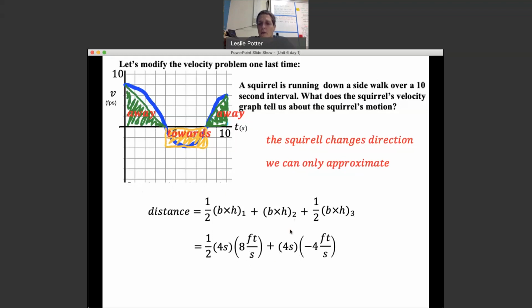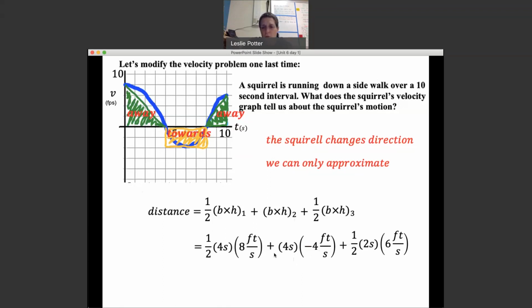So when I talked about this squirrel running back, or just changing direction, the distance between me and the squirrel is decreasing because the squirrel's back towards me. And then the squirrel changes direction again, and for one half base times height, that's a base of 2 and a height of 6. The squirrel turned around and started running away from me again.